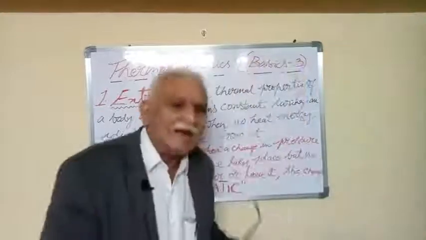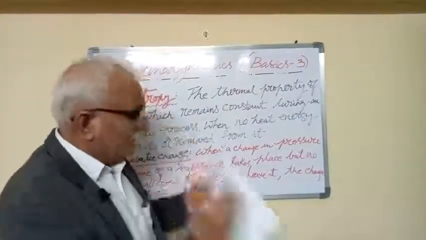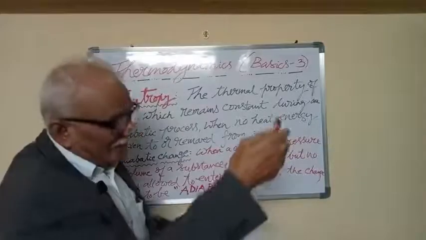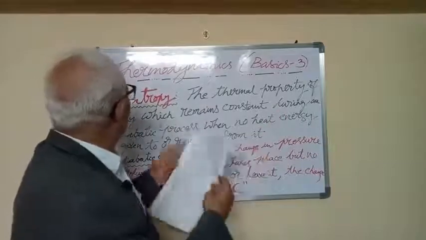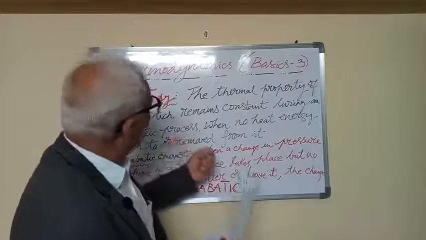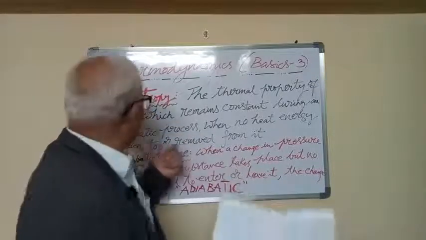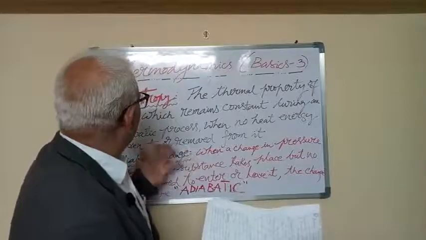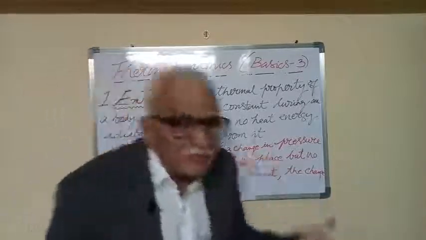Once again, for your academic interest, I would like to read it simply. Entropy is the thermal property of a body which remains constant during an adiabatic process, when no heat energy is given to or removed from it.